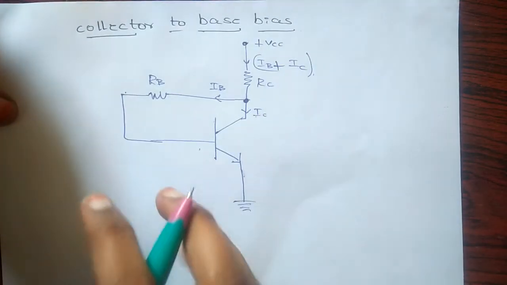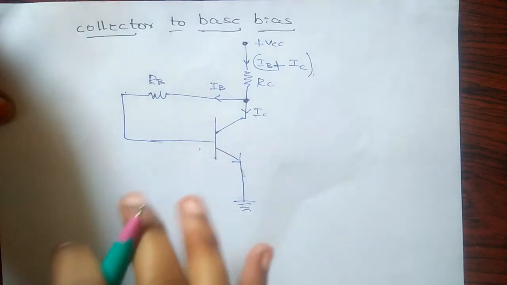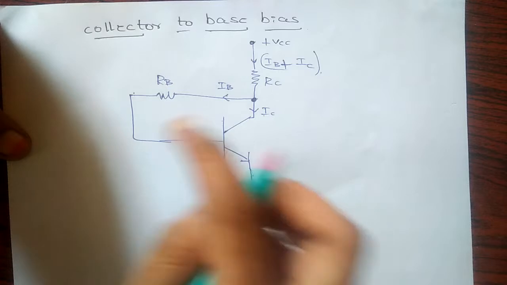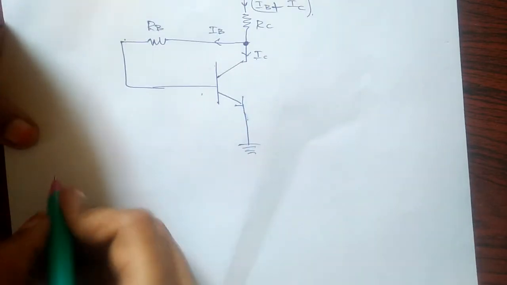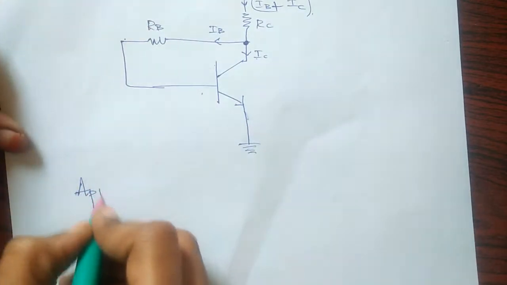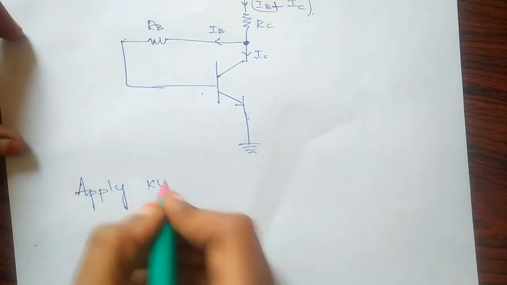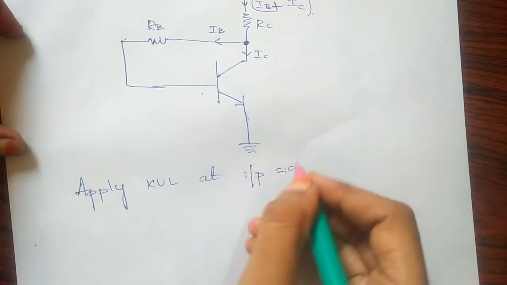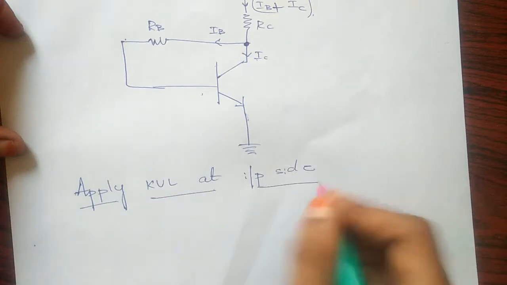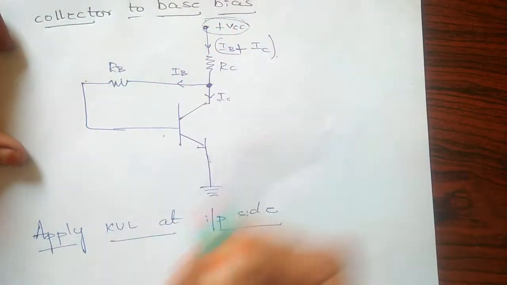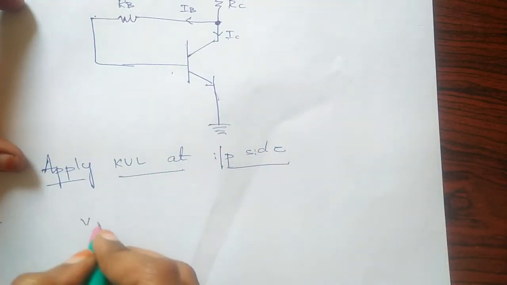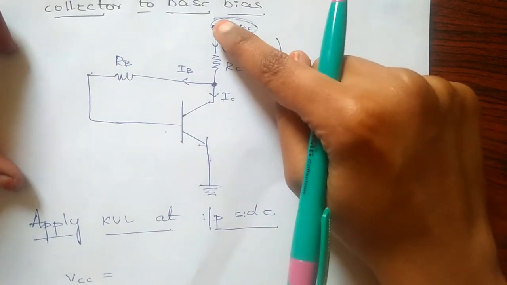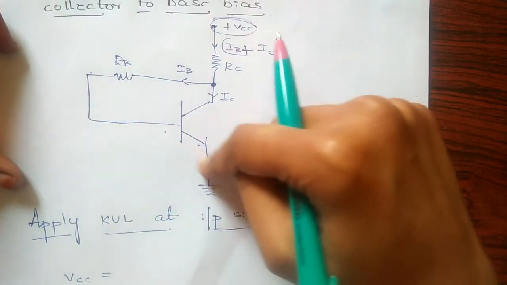Before looking into how it works, let's know the input and output equations of this collector to base bias. So we apply KVL at the input side. If you apply KVL at input side, here plus VCC is equal to, the input side goes like this.